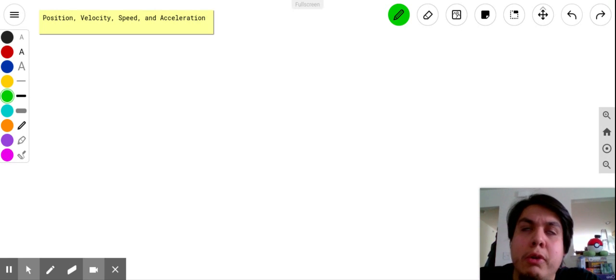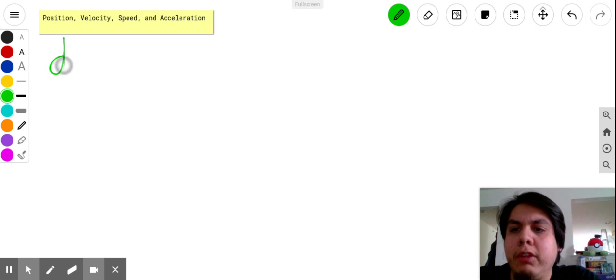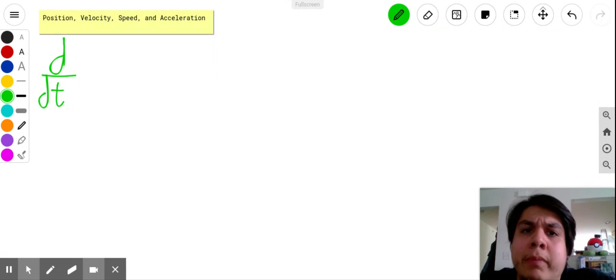So, when we talk about the derivative, we use an operator sign, which is usually like d/dx. Now, I'm going to use d/dt because when we talk about real world situations, it's always how do things change based off time, right?